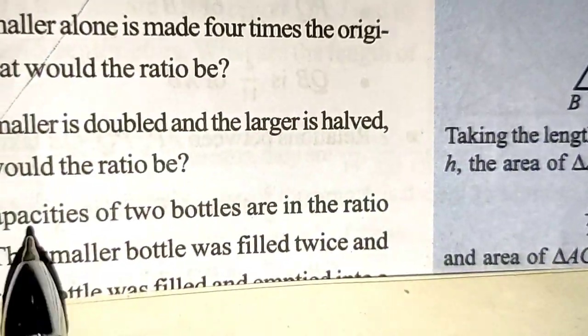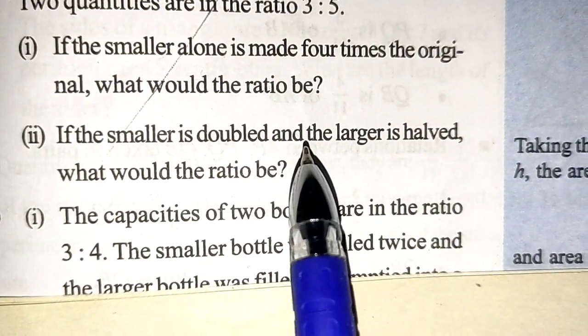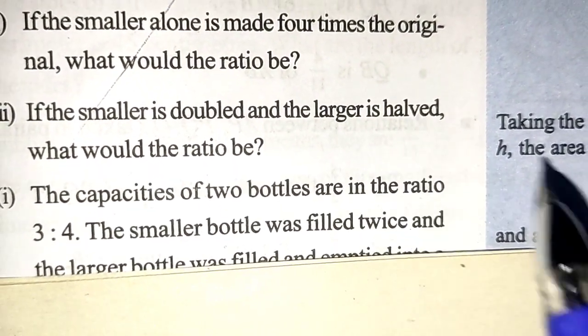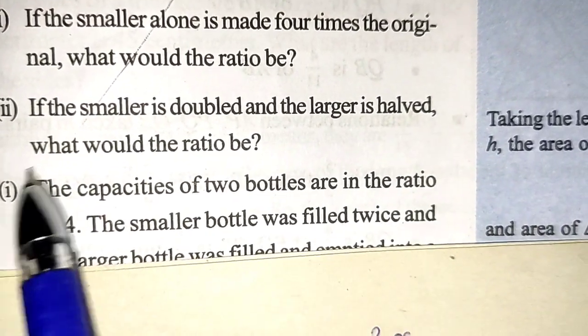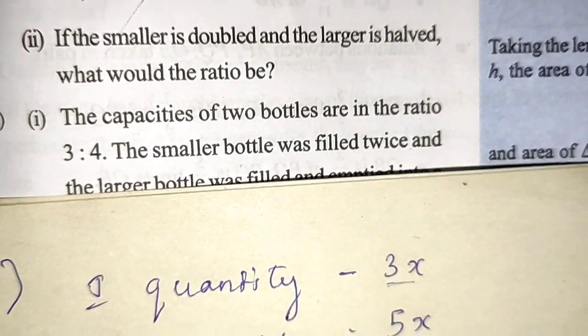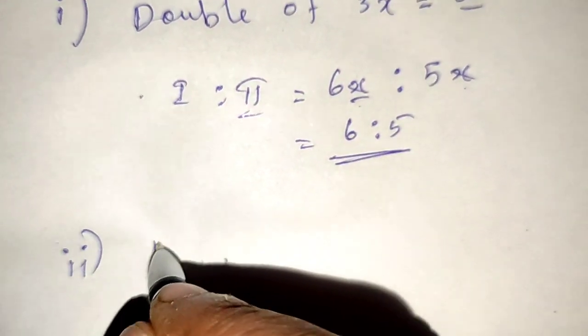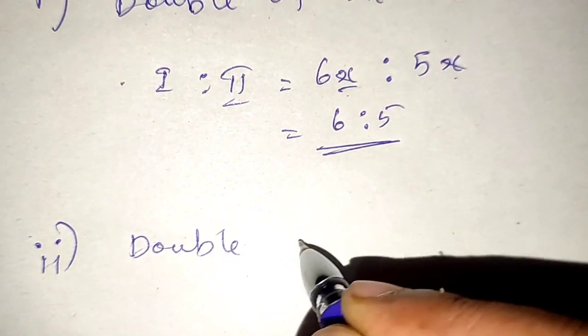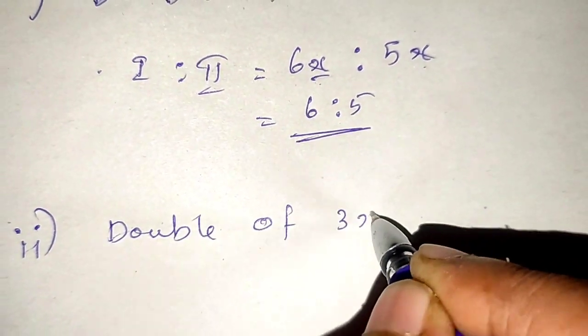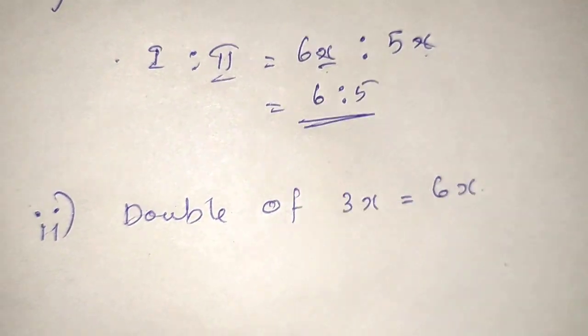Then the second one is, if the smaller one is doubled and the larger one is halved, then what would be the ratio? The smaller one is doubled, that means double of 3x, which is equal to 6x.